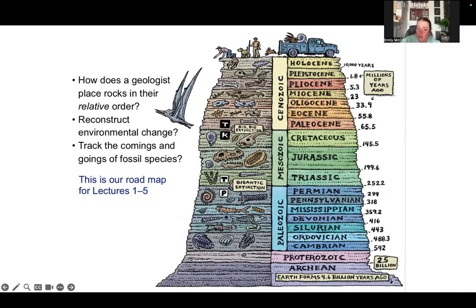And so when we look at sedimentary layers and we look at a layer down here, we're going to say, well, this has to be the oldest layer because as we go up, it gets younger and younger. And I like this picture because it shows the geologic time. This is the Precambrian period, the Archean and Proterozoic. And then we have our Paleozoic, we have our dinosaurs here, and we have our mammals in the Cenozoic.